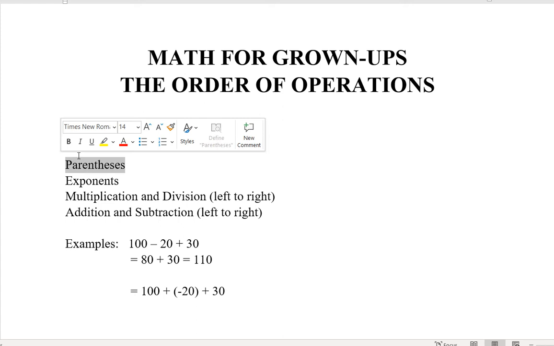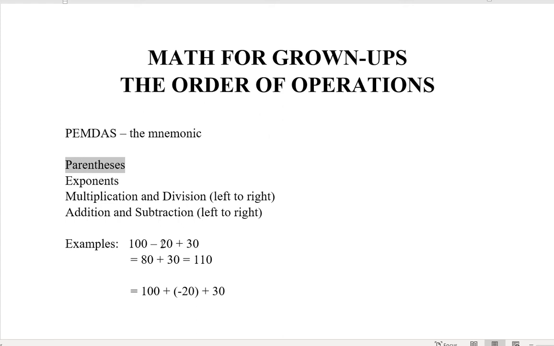Parentheses are magical. If you really did want to group the 20 and the 30 first, you had $100 and you spent $20 on one thing and 30 on the other, then what that would really be is 100 minus, you want to do them first, 20 plus 30. Well, there you go.